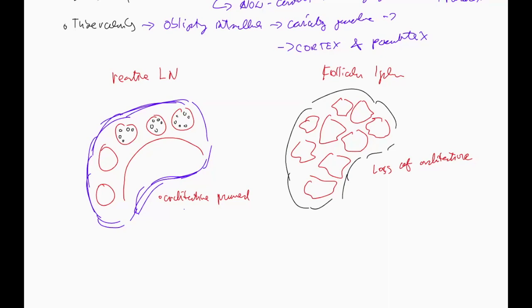So they are like sort of lacunas, and they're full of the tingible body macrophages, which are destroying the not selected lymphocytes that went through apoptosis. In case of follicular lymphoma, there will be no apoptosis. Okay, there were really low apoptosis, and you won't see active tingible body macrophages. Okay, so no apoptosis.